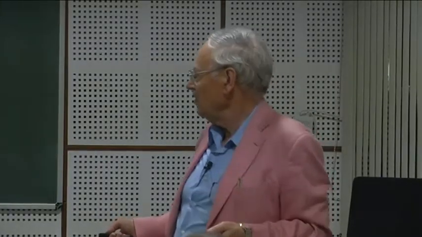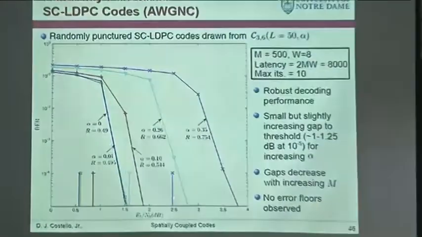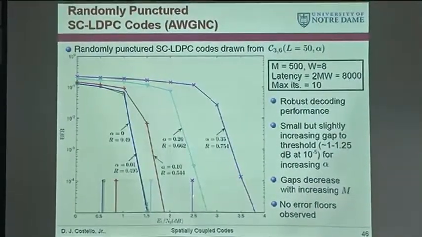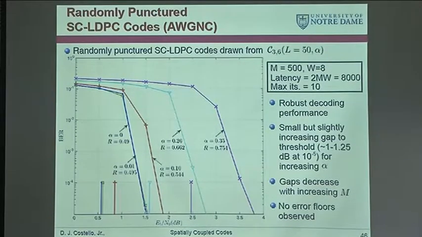So this is really just the same picture for the Gaussian channel. The only thing here is when we got up to rate 0.75, the gap is more like 1 1/4 dB, whereas down here the gap was only about 1 dB. I don't know why that is. This is just some experimental work we did to get a sense of what was going on, but somehow if we puncture too much on the Gaussian channel, there seems to be a little falloff from what we'd expect.